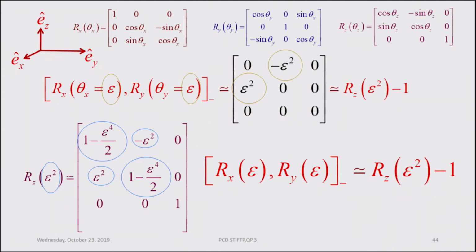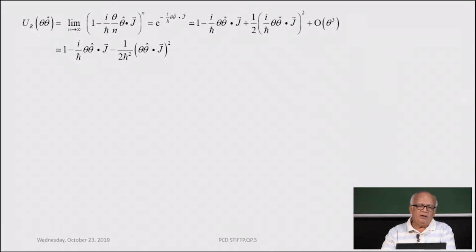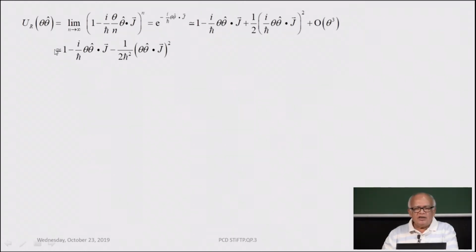The rotations about the x and y axis do not commute, but the commutator is given by this difference, which is Rz of angle epsilon square minus 1. You have to subtract 1, the diagonal 1. So, this is your operator for finite rotations, and up to order 2 I have written a nearly equal to sign over here because I am ignoring terms of order theta cube and smaller.